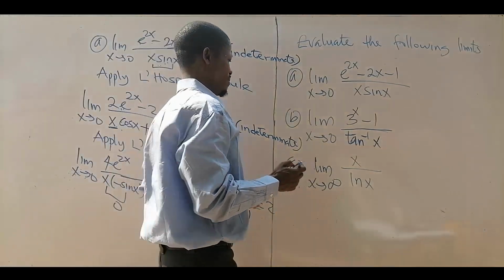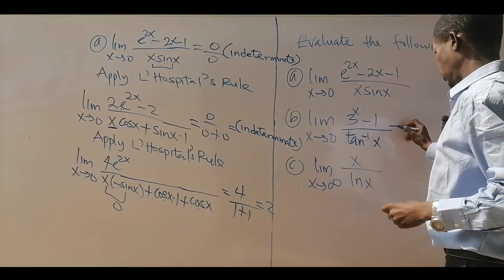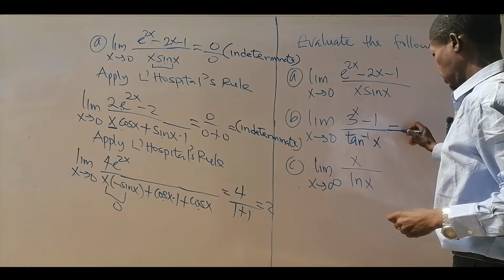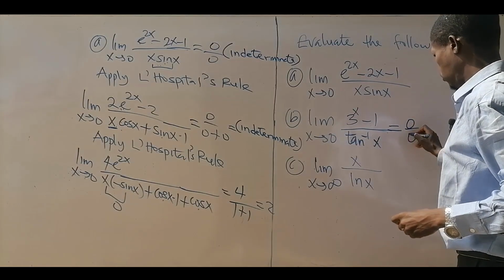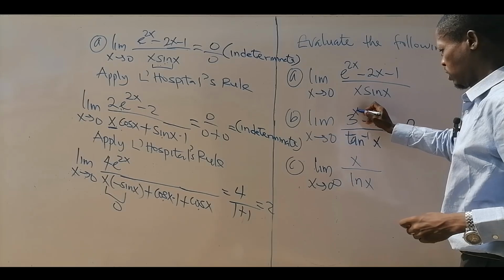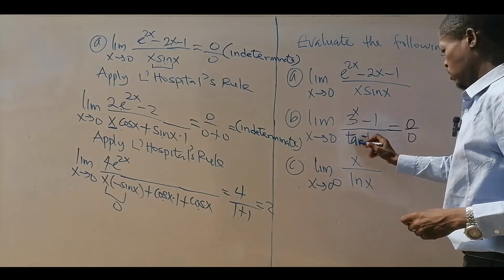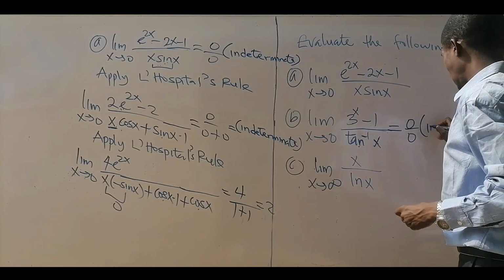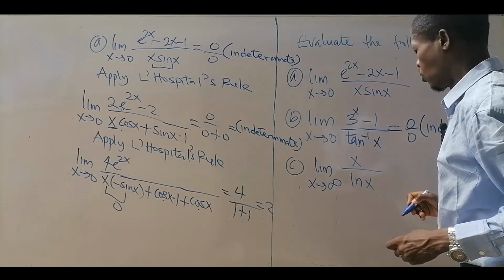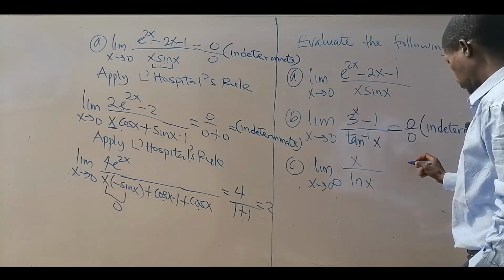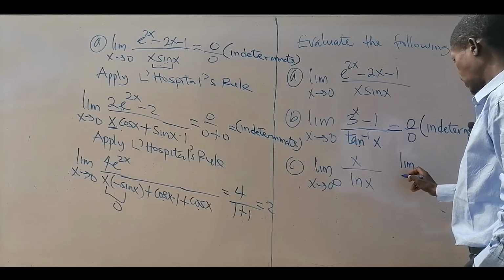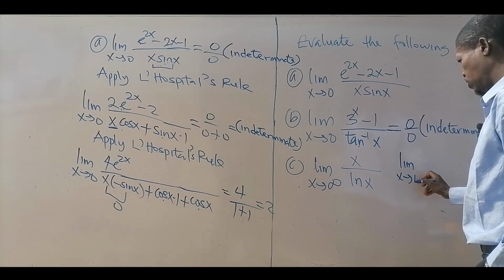The second one, do your direct substitution. It's going to give you 0 over 0. This is 3 to the power 0. That's 1 minus 1. This is called indeterminate. Apply your L'Hopital rule, and that will be equal to limits as x tends to 0.